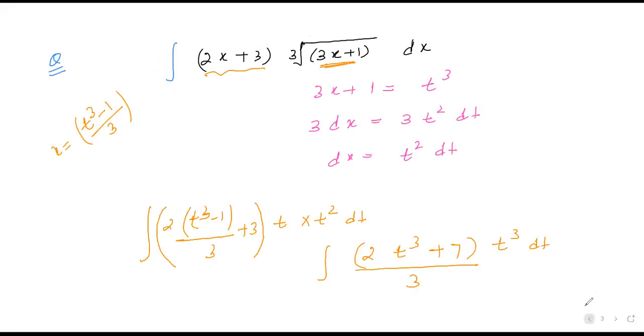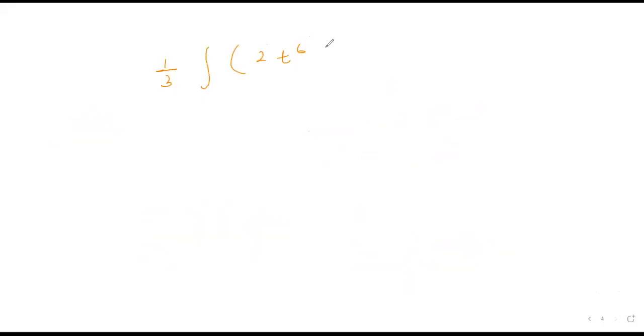Means you can write 1 divided by 3 integral 2t raised to the power 6 plus 7t cube dt. Now as you know that integral follows the distributive law, so you can distribute.